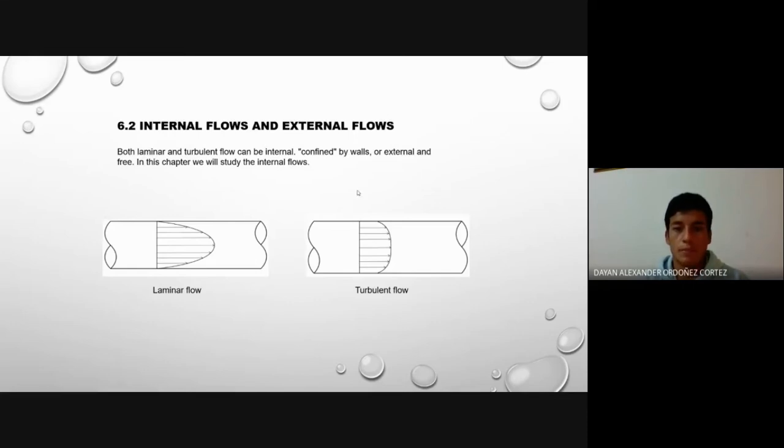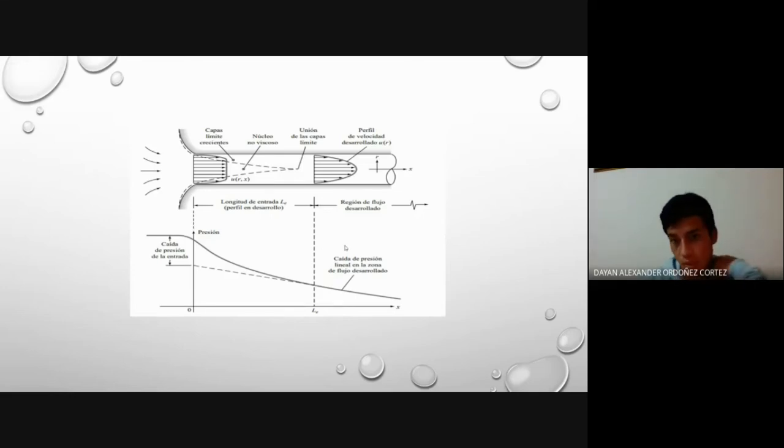This image shows laminar flow and turbulent flow. This image shows the development of velocity profiles and pressure variation at the inlet of a duct.